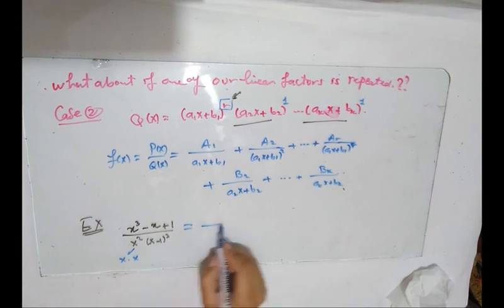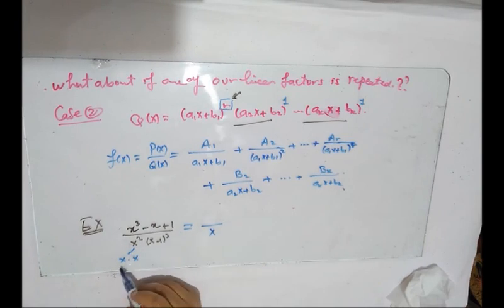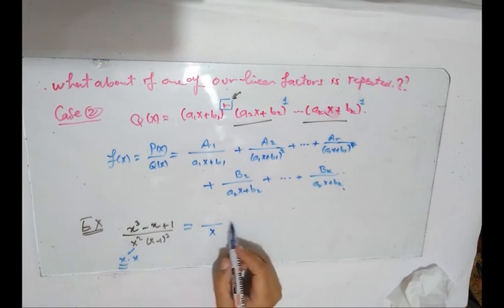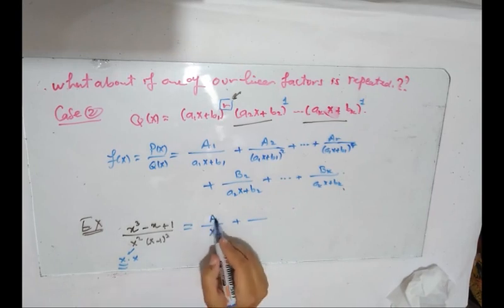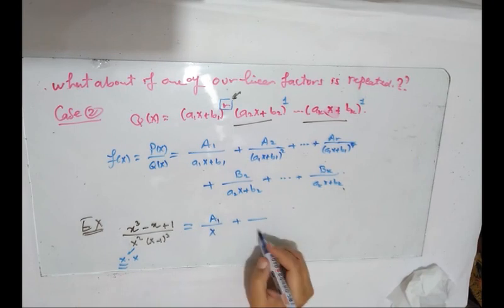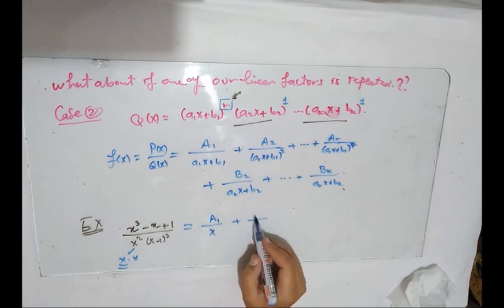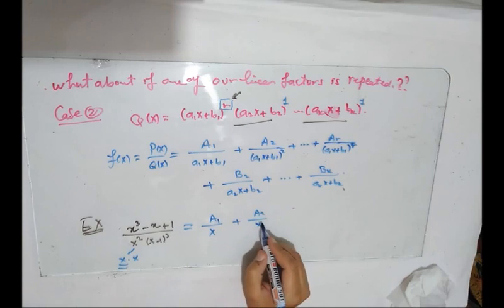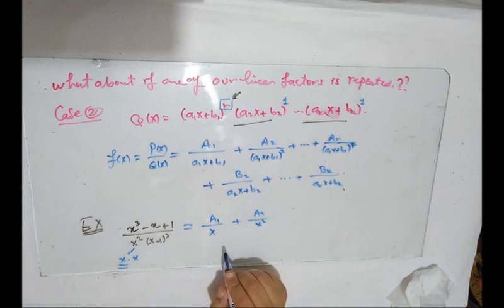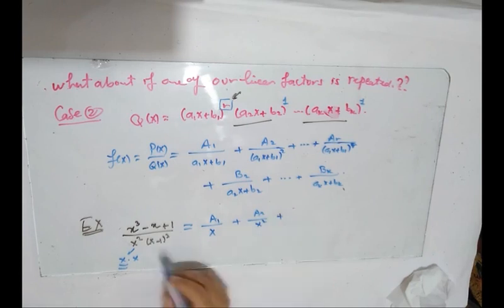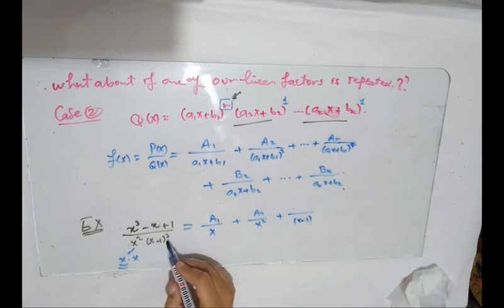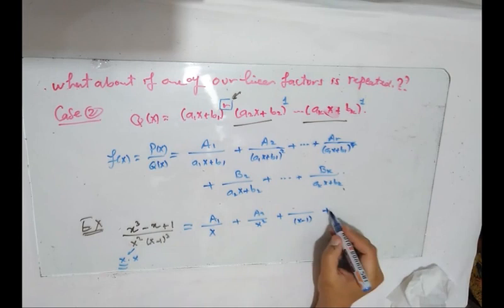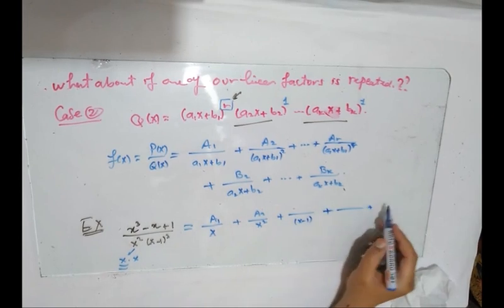So here this linear factor will share two partial fractions, the first one will be a1 over x, and the second one will be a2 over x squared. And this one, since it's repeated 3 times, will share 3 partial fractions.